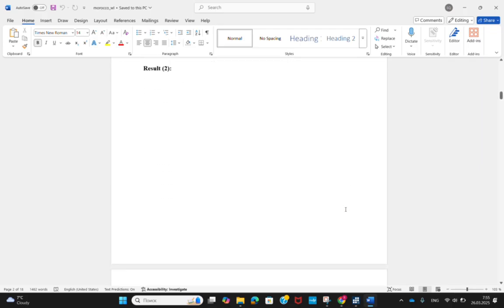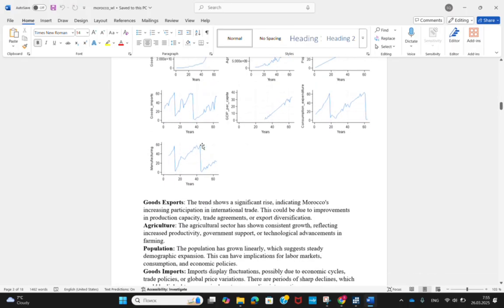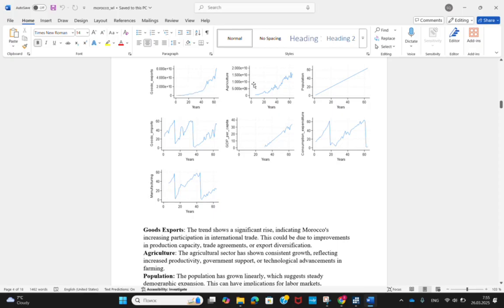Result two is about the time series line. I got all variables in a time series line: goods exports, goods imports, GDP per capita, manufacturing.